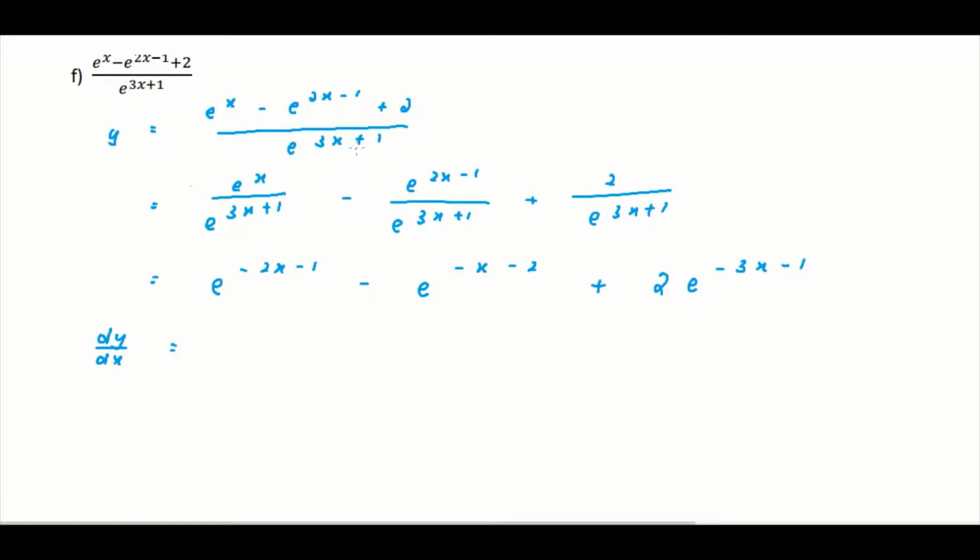So the idea is by doing this, we do not need to deal with u over v. It might look much more complicated, but later we are going to look at an example which you can simplify like this. Same thing, you will get negative 2e^(negative 2x minus 1), so negative 1, so plus e^(negative x minus 2), so negative 6e^(negative 3x minus 1).